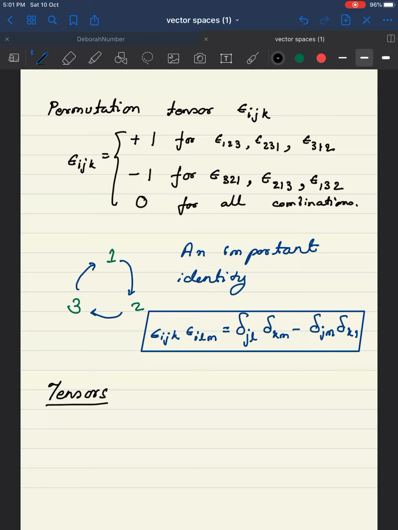a tensor of rank r basically is a quantity having n to the power r components in n dimensional space.